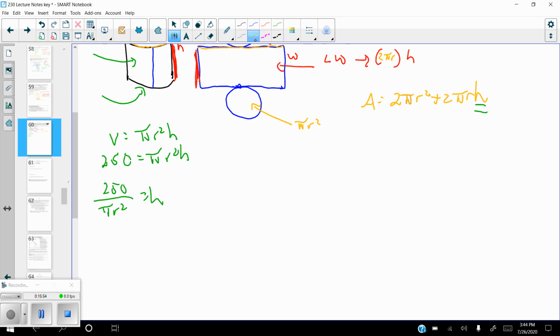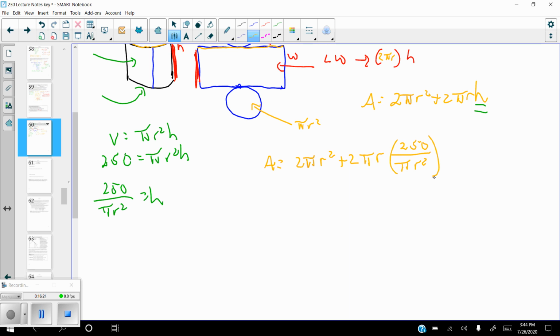I'm going to take all of that and plug it into the h up in my area equation. So my area equation now becomes 2 pi r squared plus 2 pi r times my height, which is now 250 divided by pi r squared. That's h. Okay, I'm going to do a little bit of simplification here before I start adding in extra components.